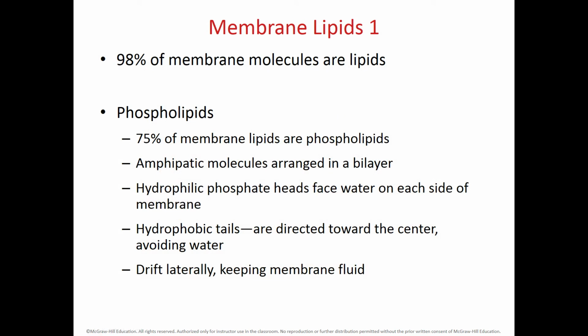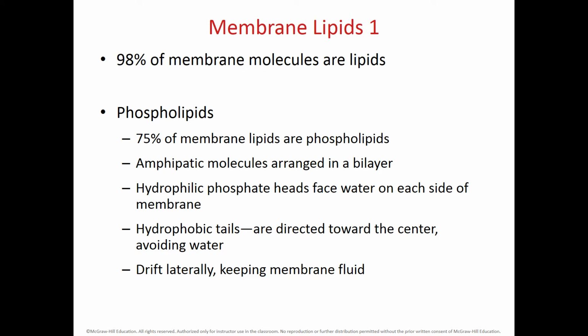Now, the plasma membrane is made out of 98% lipids, and out of those lipids, 75% are phospholipids. As I said before, these phospholipids are arranged in a bilayer, so you have two layers.